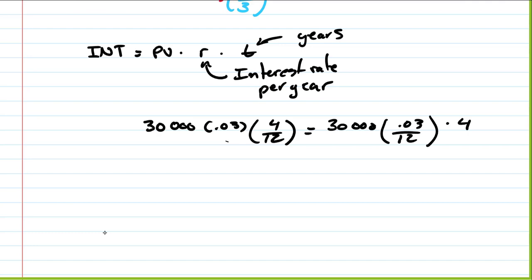Well, 0.03 was our annual interest rate, so if you divide it by 12, this now becomes the monthly interest rate. And this represents the number of months.